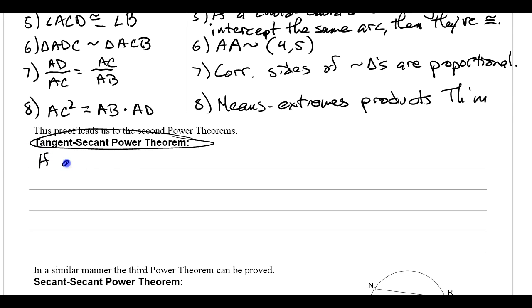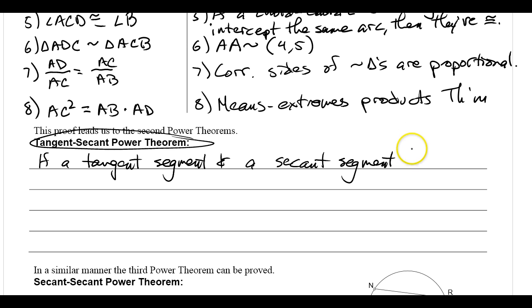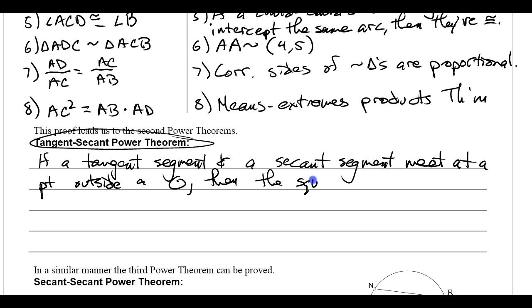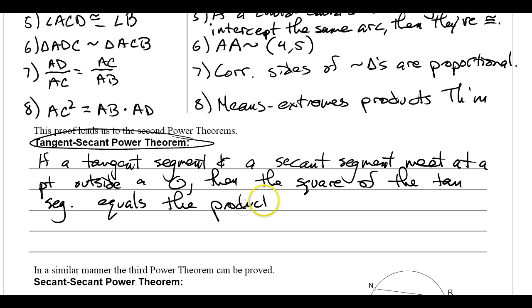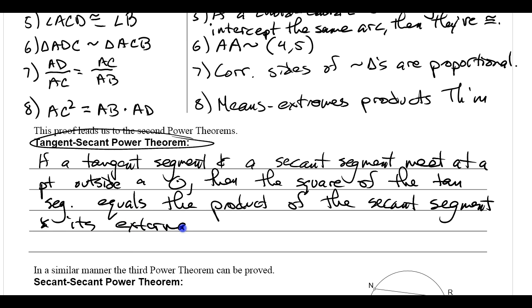It says if a tangent segment and a secant segment meet at a point outside a circle, then the square of the tangent segment equals the product of the secant segment and its external, that's really important, external part.